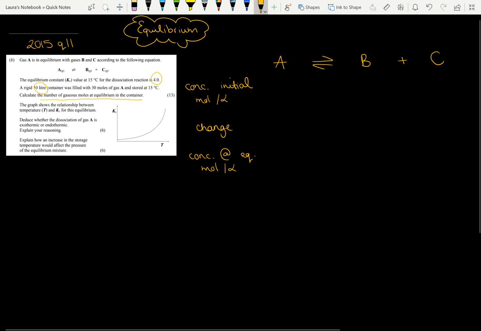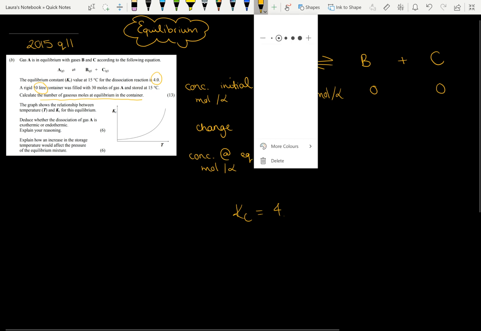They tell us that we've got 30 moles initially of gas A, but that's in a 10-litre container, so we divide that by 10, and that gives us an initial concentration of A of 3 moles per litre. And initially we have 0 moles per litre of B and 0 moles per litre of C because they are our products. That's all they give us, apart from giving us the Kc equal to 4.